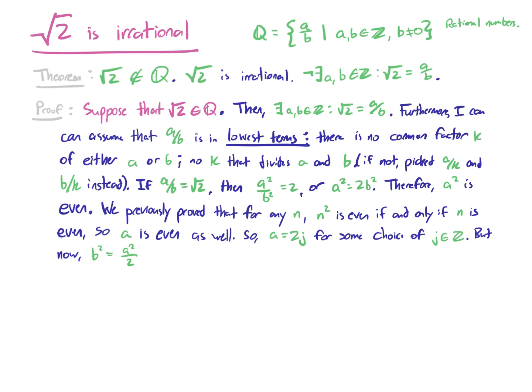If I plug in what I just learned for a, well, a is equal to 2j, which means this is 2j quantity squared over 2, which is equal to 4j squared over 2, which is equal to 2j squared.